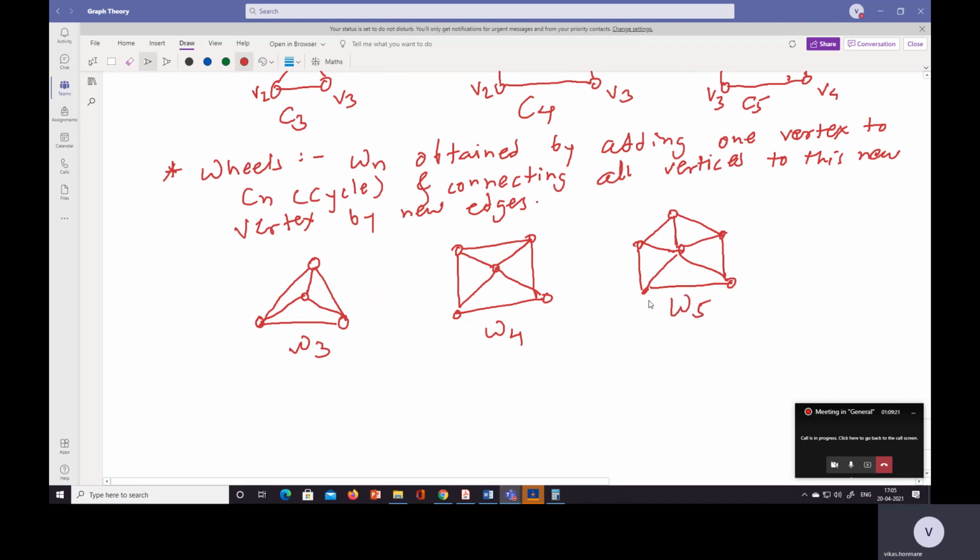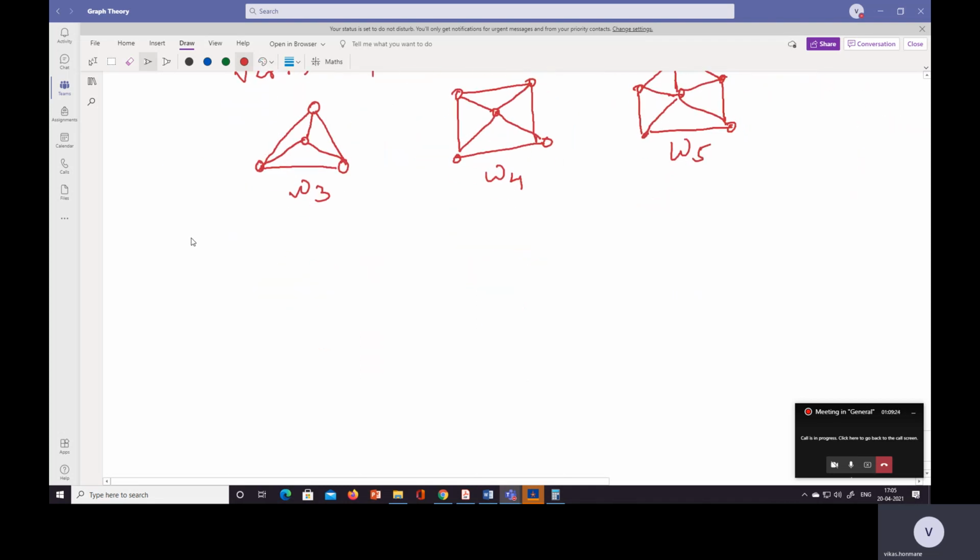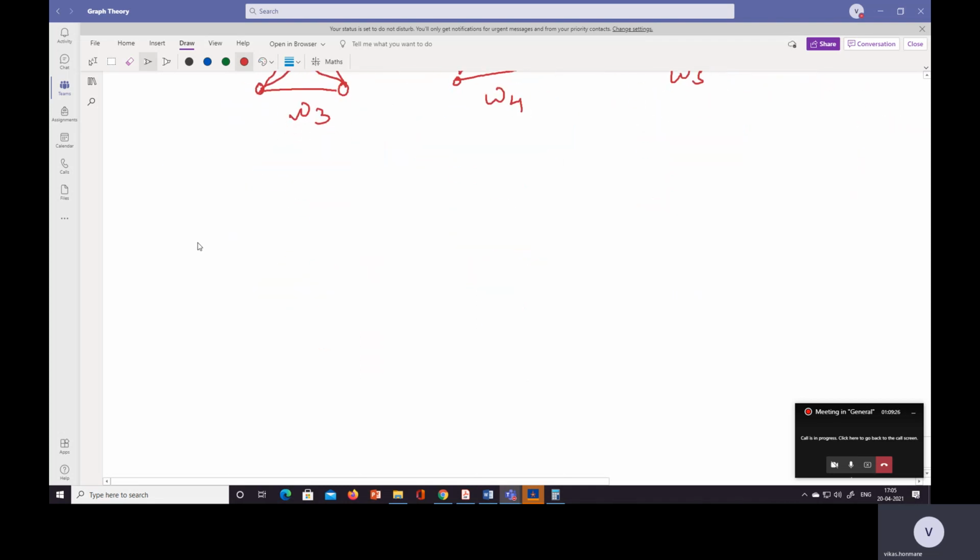Okay. So after the wheels concept, we consider the bipartite graph.